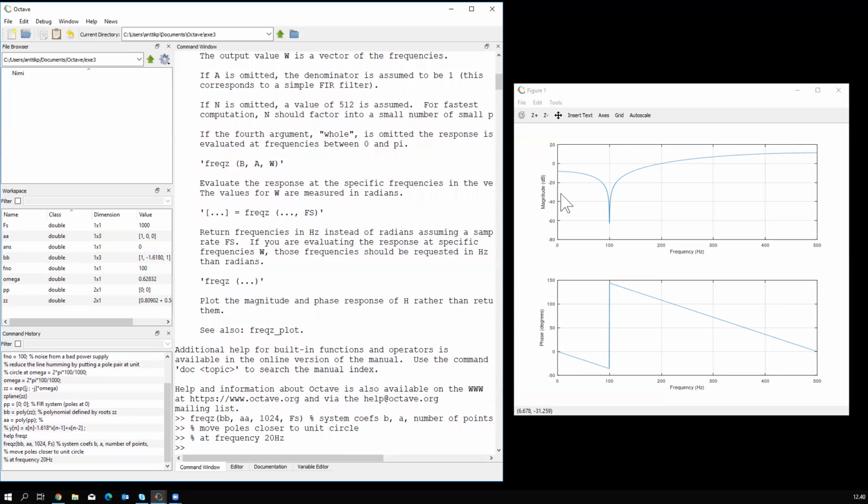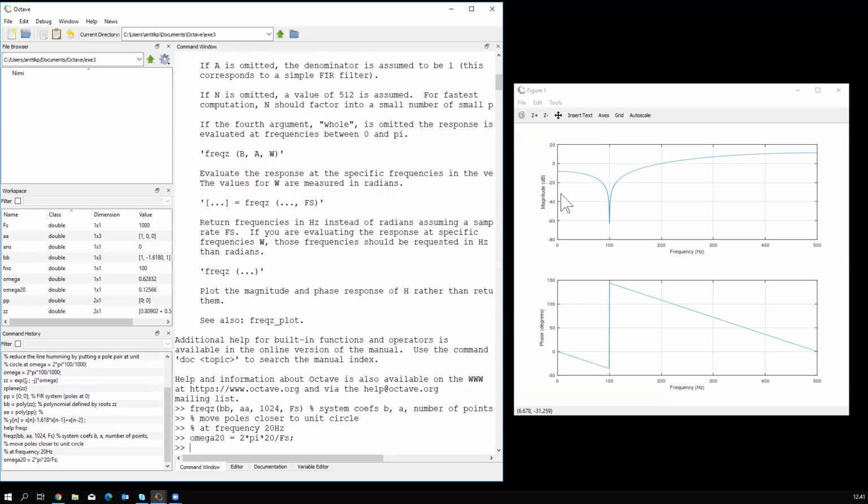There. So my pole will be at some radius. Or actually, I will first calculate this one. Omega 20 equals 2 times pi times 20 divided by the sampling rate. Okay, that's the corresponding angular frequency. And then I will just eyeball it and put the poles at a radius of 0.9.